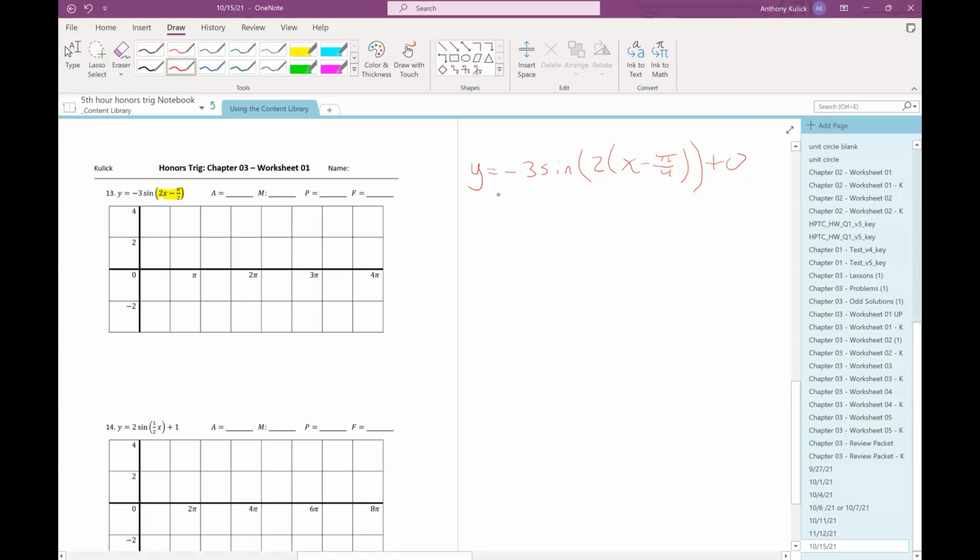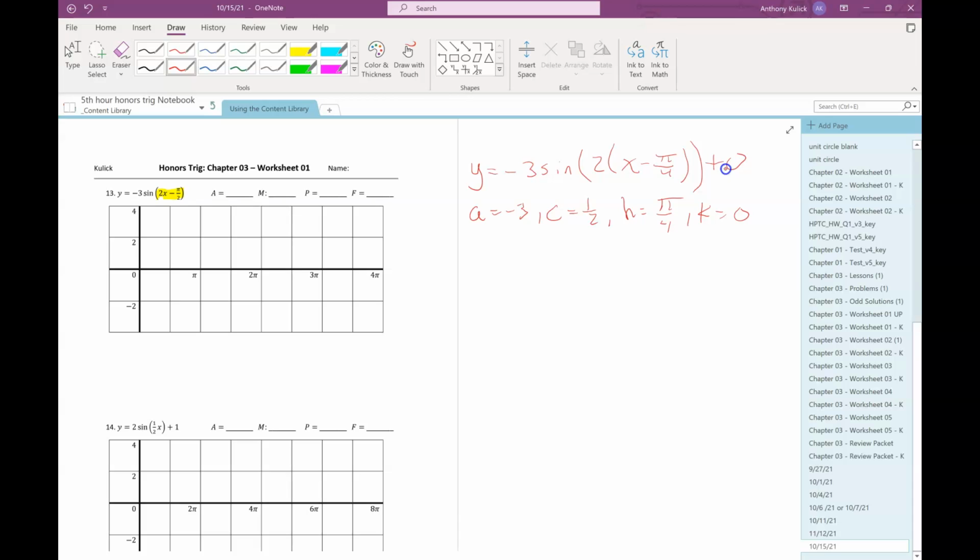And then I'll write the plus 0 at the end. And now I have my values for A, C, H, and K. Okay? And the factoring piece is critical to getting the correct H value, right?